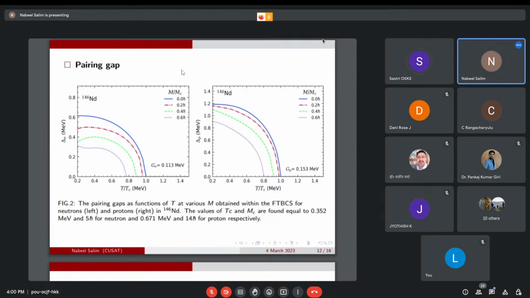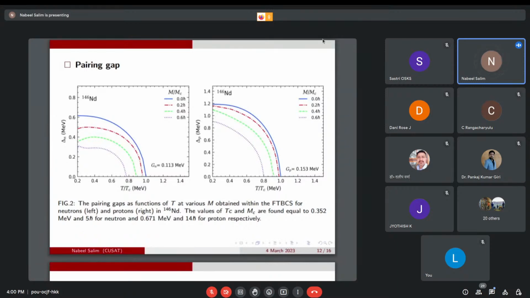Here we get a critical temperature in neutron pairing of 0.352 MeV with a critical angular momentum of 5h, and in the case of proton it is 0.671 MeV critical temperature and 14h critical angular momentum.